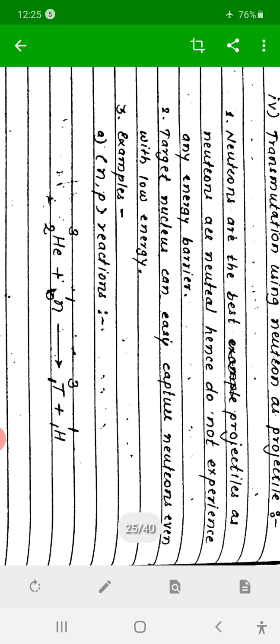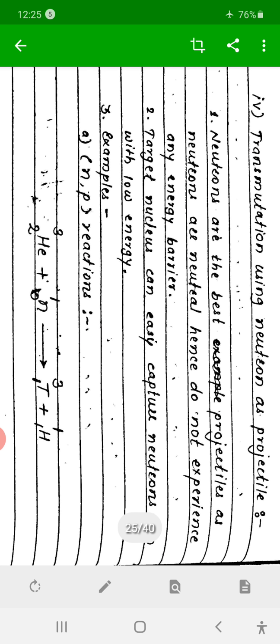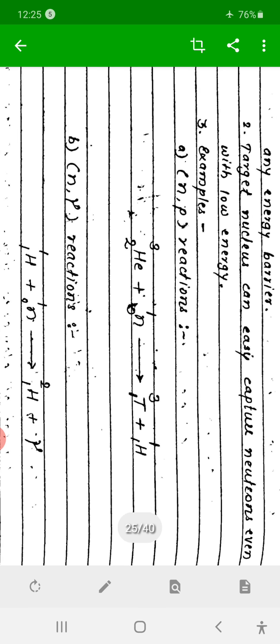Therefore, because of these two reasons, neutrons act as the best projectiles. In the uranium fission reaction also, as all of you know, the neutron acts as a projectile.